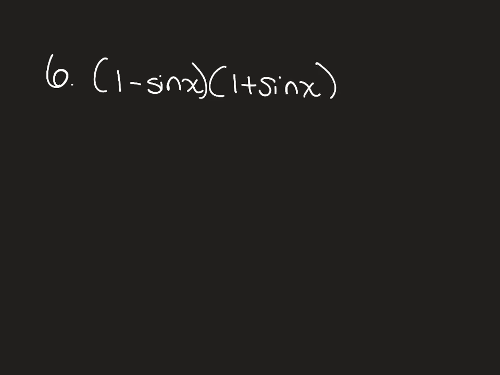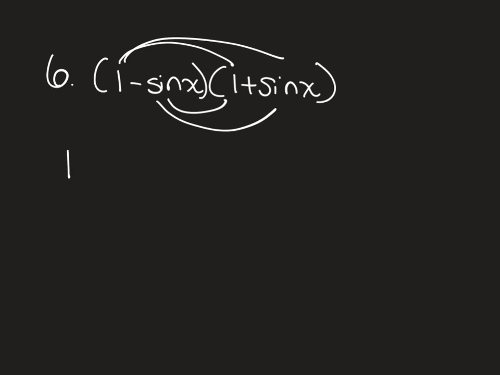Let's try another one. Number 6 says that I have 1 minus sine x times 1 plus sine x. We're going to FOIL, we're going to distribute, we're going to do the first, outsides, insides, last.